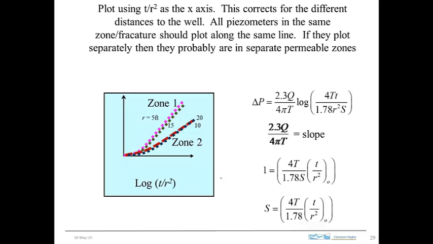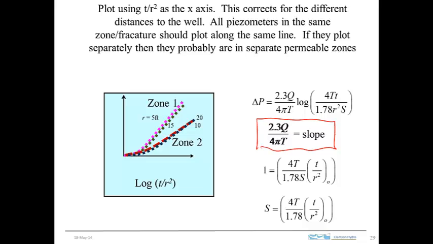Now we've got this plot with these two zones identified, zone 1 and zone 2. Okay, so what do we do? Well, we want to get the properties of these two zones. These are different fracture zones, and at least that's what our interpretation is. So we go back to the Jacob analysis, and it says that the slope is equal to that term, so we can solve that for the transmissivity and basically just do the same thing that we were doing previously with the Jacob analysis.